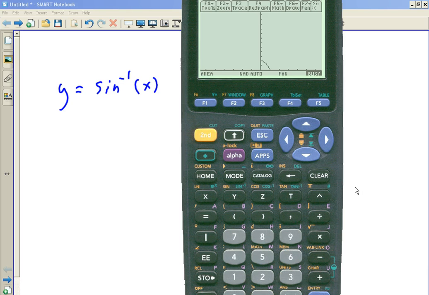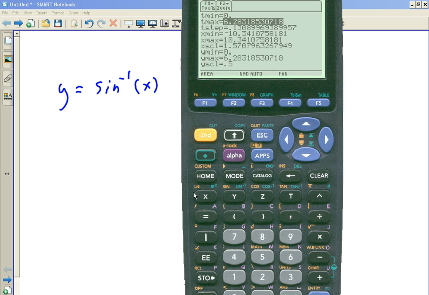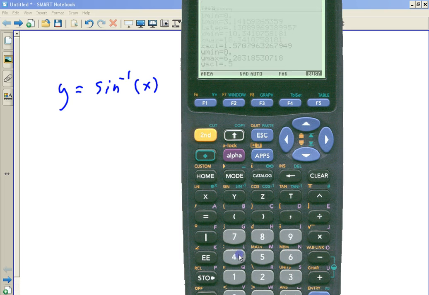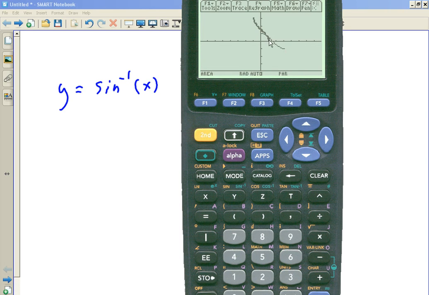Is 0 to 2 pi too much? That's a problem. It's 0 to pi. Sorry, I misspoke myself. 0 to pi. Thank you. Good call. How about we do a zoom 4 on that? Okay, so just from 0 to pi, and then the range is from 0 to pi. That's good, yeah. That's it.